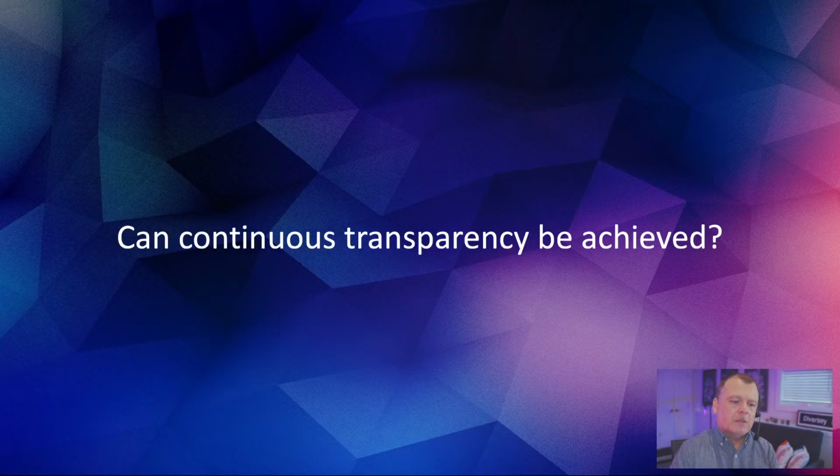The fourth question we had to figure out was whether or not continuous transparency can be achieved. Continuous transparency is really about: can I share the SBOMs that I am producing myself or ingesting from other sources?